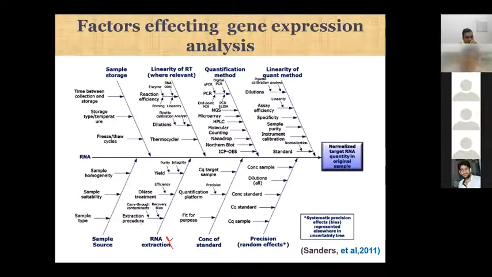And for each and every complete protocol, you must use the same thermocycler as far as possible, because different thermocyclers also have slight variations in working efficiency. So you use the same thermocycler for the different gene experiments in a single protocol. You follow the same protocol each and every time.